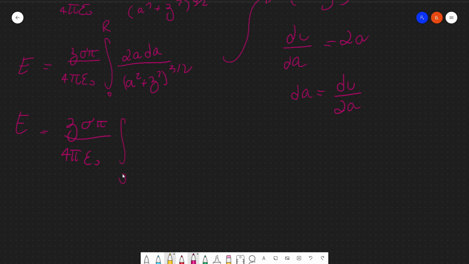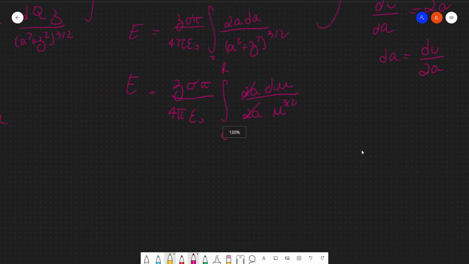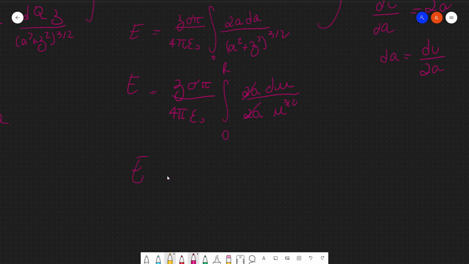So this becomes, from 0 to R, 2A times du over 2A, multiplying u to the power of 3 over 2. Now dA cancels with dA, and then you have E equals Z sigma pi over 4 pi epsilon-0, and then the integral of du over u to the power of 3 over 2.